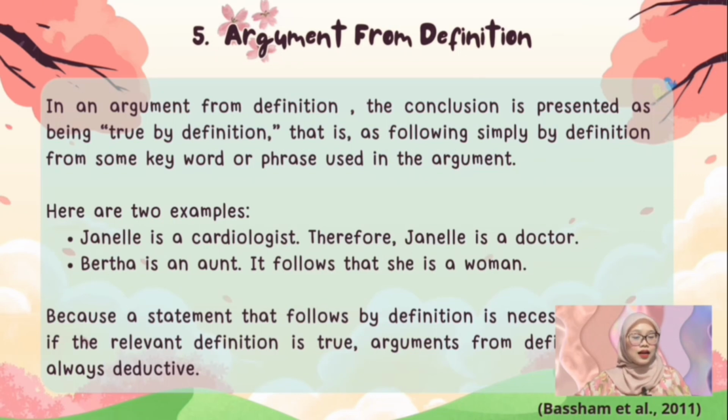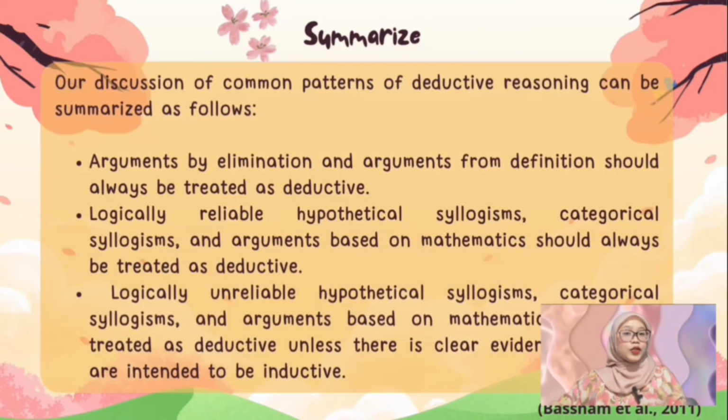And Bertha is an aunt, and of course, obviously, is a woman. So, because a statement that follows by definition is necessarily true, if the relevant definition is true, arguments from definition are always deductive.